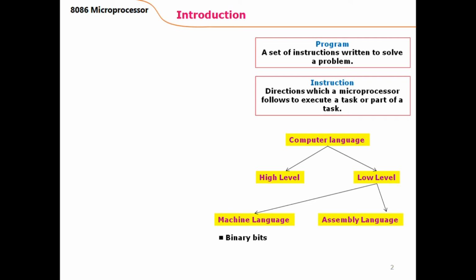In machine language, instructions are written in binary bits, where zeros and ones represent a particular instruction, and a program is a sequence of binary bits. The sequence of bits includes groups of bits, where each group of bits represents a specific instruction. So a sequence of bits is a program in machine language, which the computer hardware can understand and execute to perform a particular task or solve a particular problem.